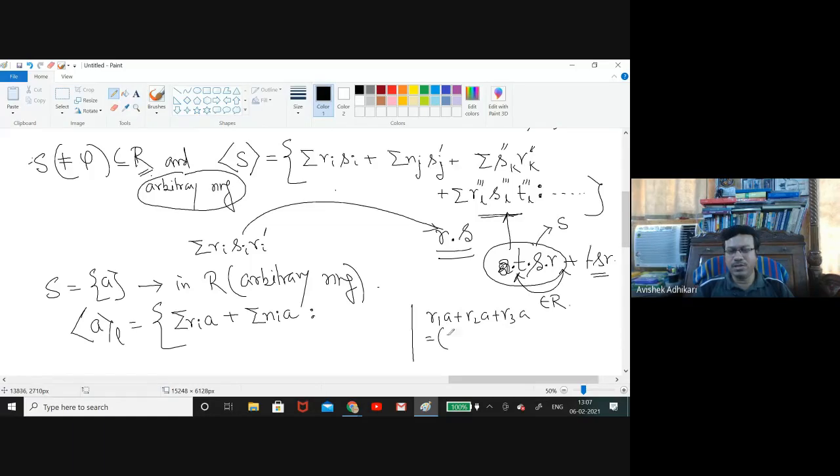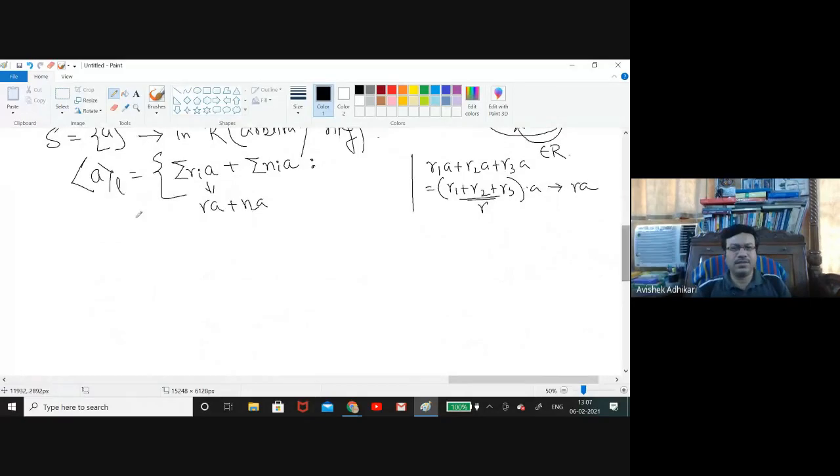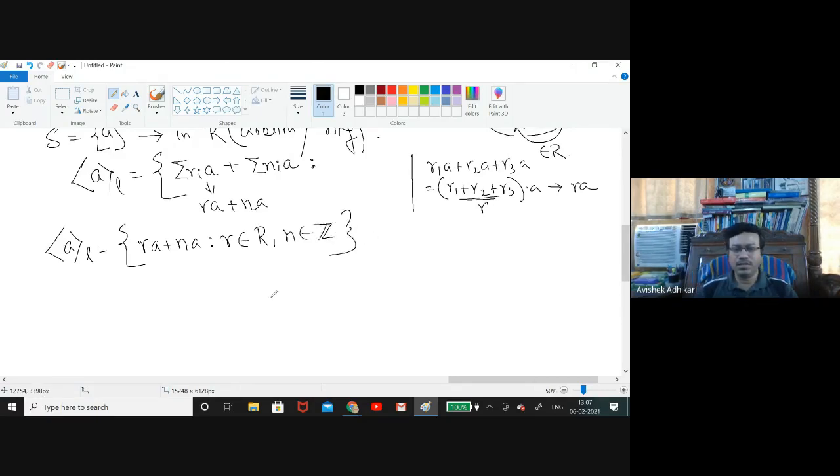So you can use the distributive property, and the whole thing you can replace by R. That means it should be represented by RA, and in a similar way NA. So if this is only one element, then it should be RA plus NA, such that R belongs to R, N belongs to Z. That's all. Clear?